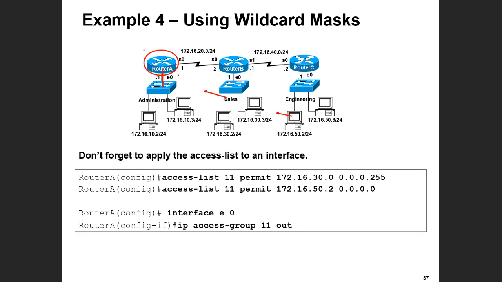Let's go to interface E0 of the first router and apply it in an outbound direction. We could do that. This is a forced little pipeline here that this data has to go through to get to the administration network. So we'll go to interface E0, IP access group 11 out, and we've applied it.